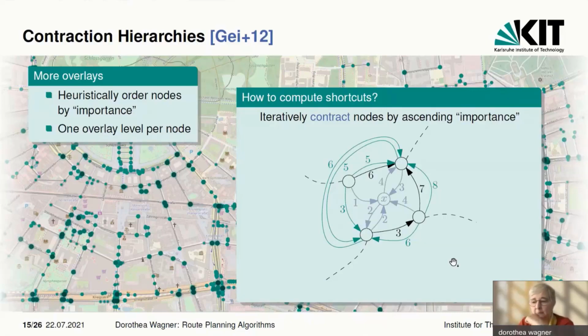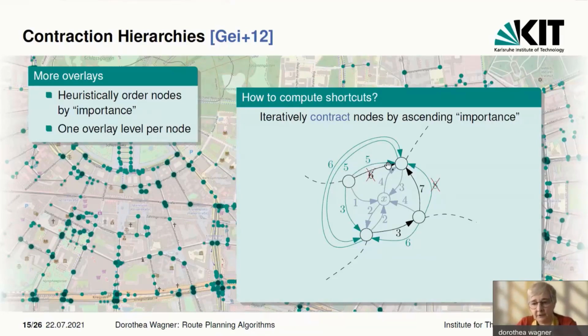In the next step, we observe that some of the edges we have introduced are not really required. For example, if we introduce these new edges, other edges that are already in the network are not really required. Here, for example, we already had an edge of length 6.